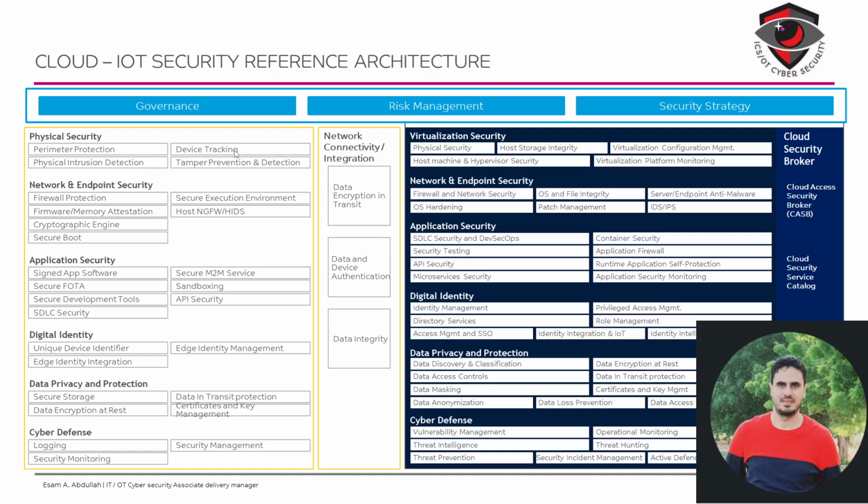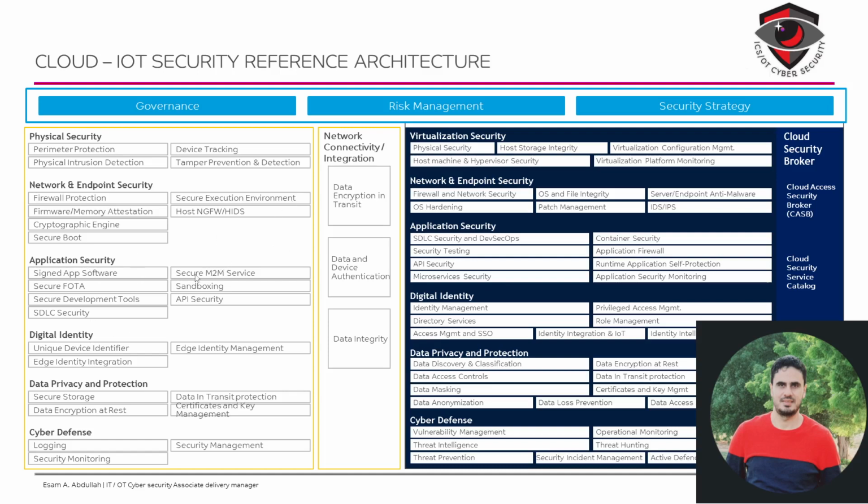On the last tier, or the first tier, which is the IoT tier, there are multiple components as well. Physical security: perimeter protection, physical intrusion detection, device tracking, tampering prevention and detection. Network and endpoint security is the component for the host: next-generation firewall, firewall, memory or cryptography, secure boot.